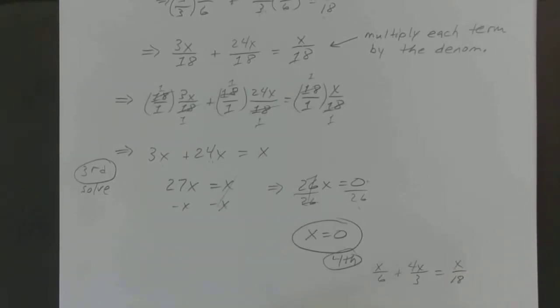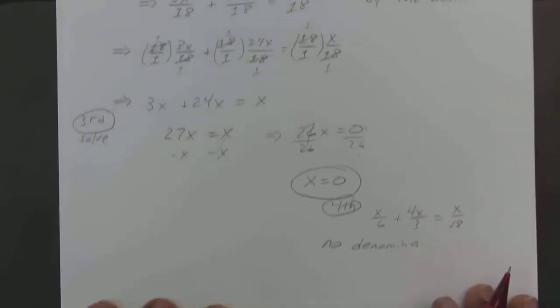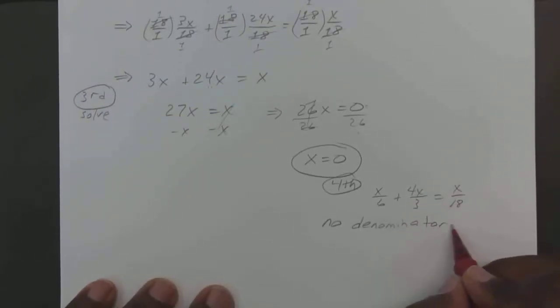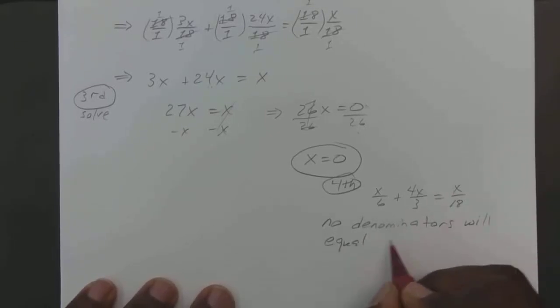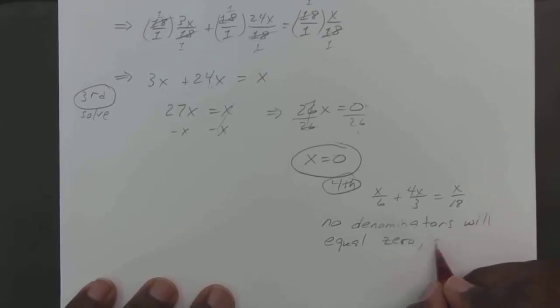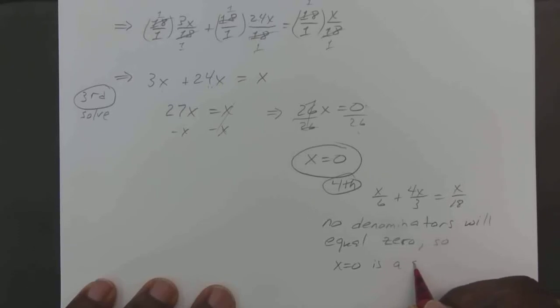So as long as no denominators will equal 0, you're okay. So x equals 0 is a solution.